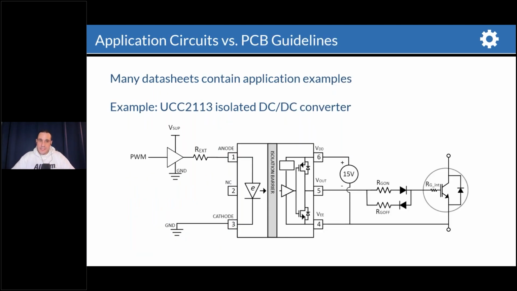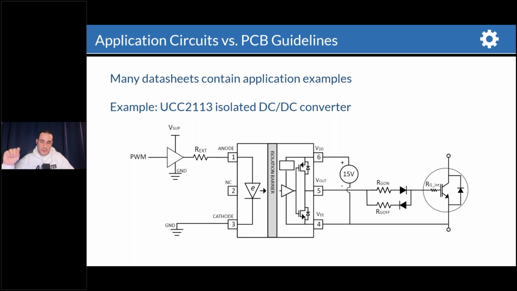Something else we commonly see in data sheets are application examples. So this is not necessarily an application note, but it is an application example, such as an example circuit. Here I'm showing just an example from the UCC2113 isolated DC-DC converter. Here this can be used as a test circuit, but it is actually not the test circuit for specific applications.